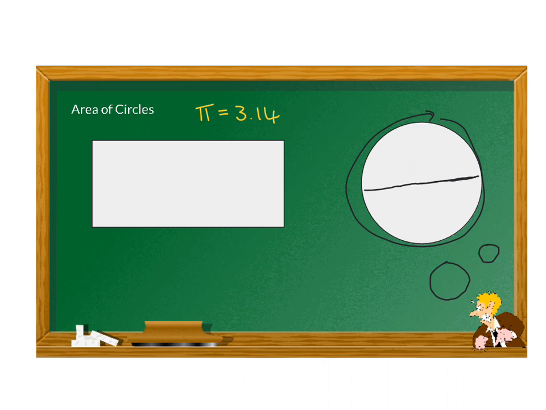Now, the area of a circle. For the area of a circle, I've drawn a rectangle here because normally we would talk about the length of the rectangle and the width of the rectangle, and the area is just the width repeated however many times the length.